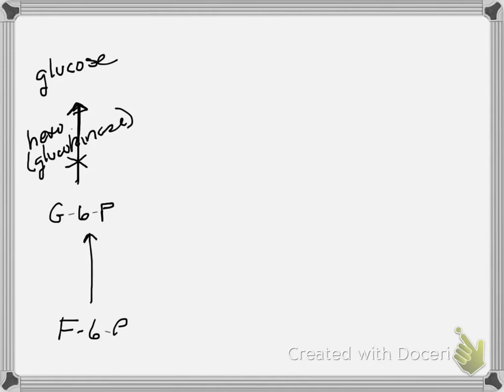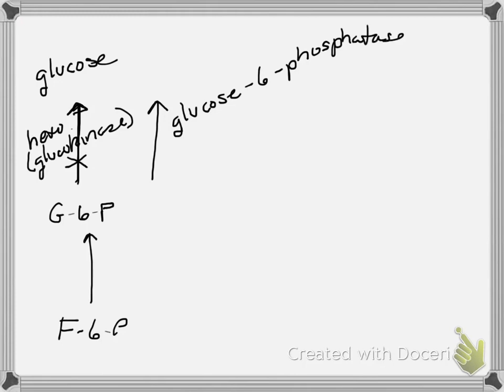So what we need is another enzyme to take glucose 6-phosphate and convert it into glucose. And the enzyme is called glucose 6-phosphatase.